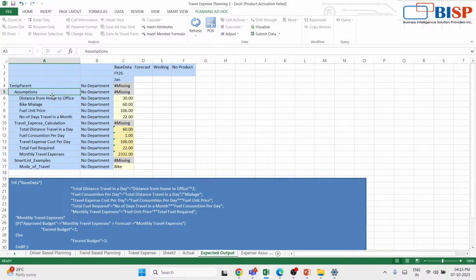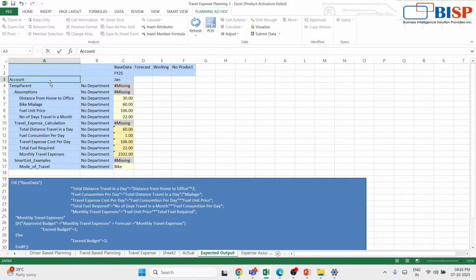Firstly, we have to create in our instance the distance from home to office, bike mileage, fuel unit price, number of days travel in a month, the total distance travel in a day, fuel consumption per day, travel expense cost per day, total fuel required, and monthly travel expense. These are the drivers which we have to do.